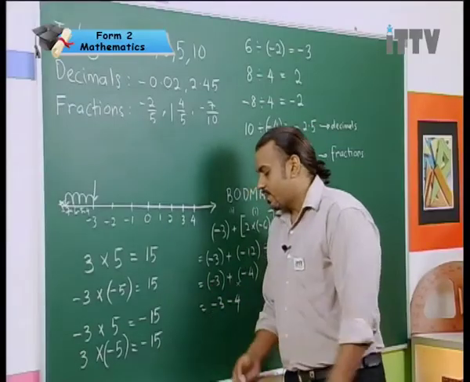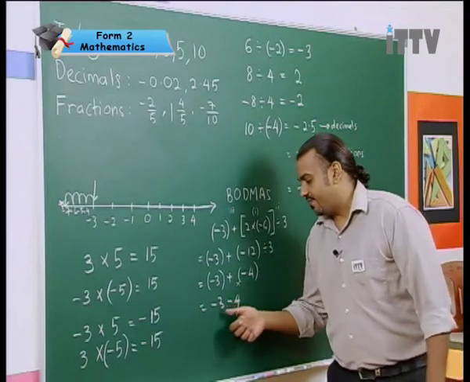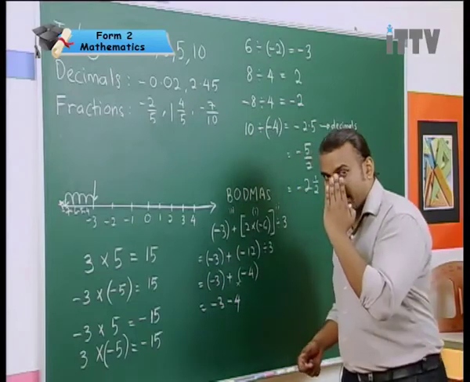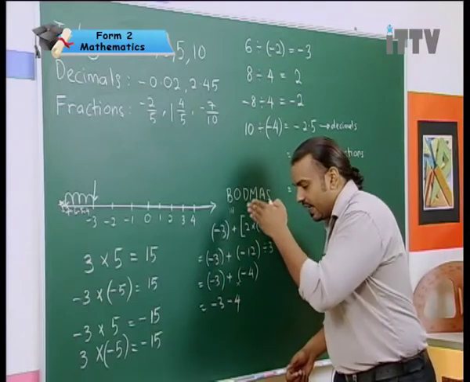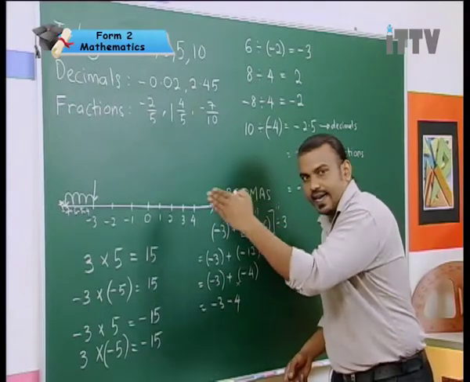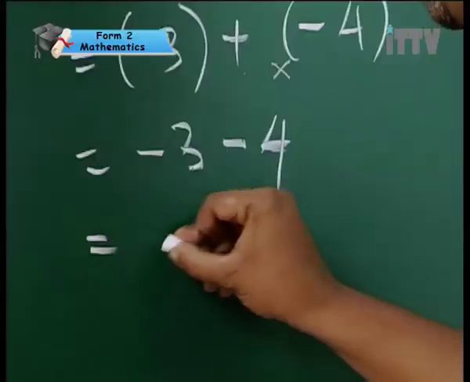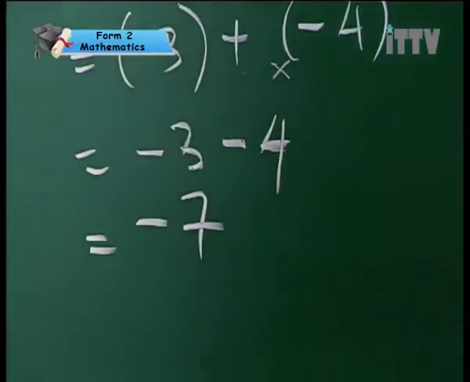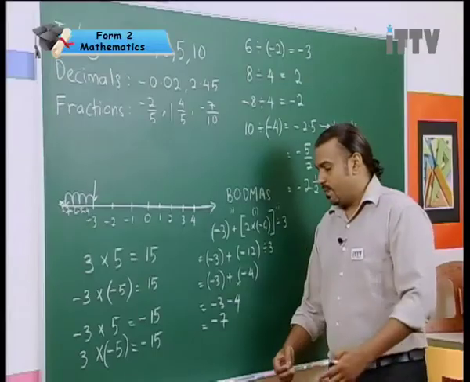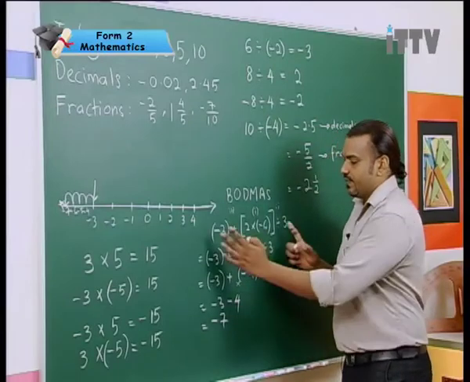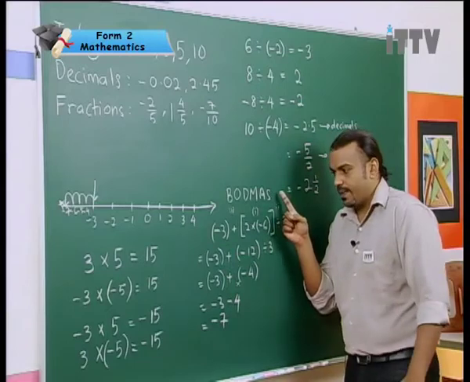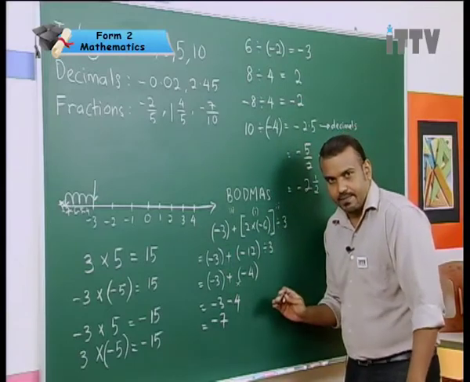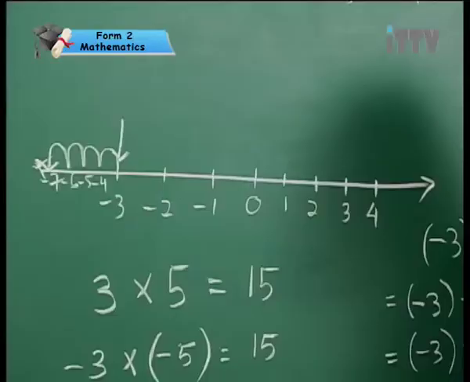So dear students, what would be the answer for -3 minus 4? In your imagination, -3 move to the left. -4, -5, -6, -7. The answer is now -7. So in this case, the answer for this problem is -7. Follow the BODMAS rule, step by step, and if you can't get it, refer to the number line.